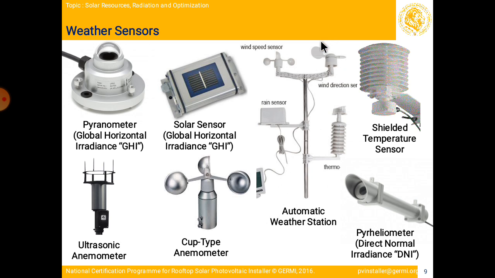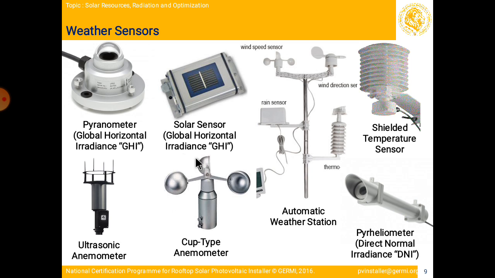Now this is the shielded temperature sensor which measures the temperature of the surrounding area where we have used our solar panel, and this is the pyroheliometer, which is used to measure the direct normal irradiation, DNI, and this is the cup type anemometer.